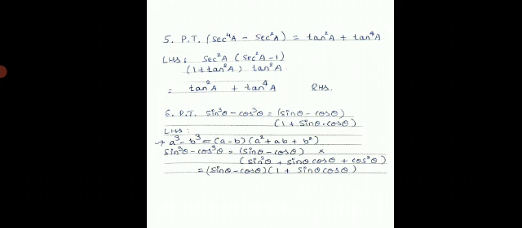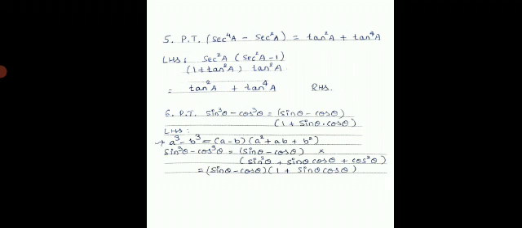Next one. Fifth one. Sec raised to 4A minus sec square of A is equal to tan square of A plus tan to the power 4A. Now take LHS. So what is common in the first part?